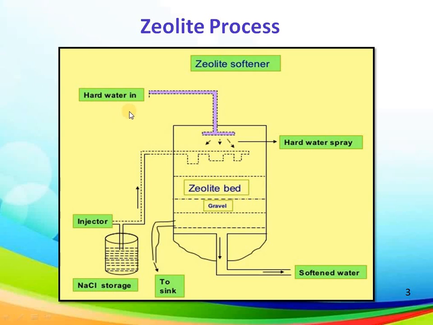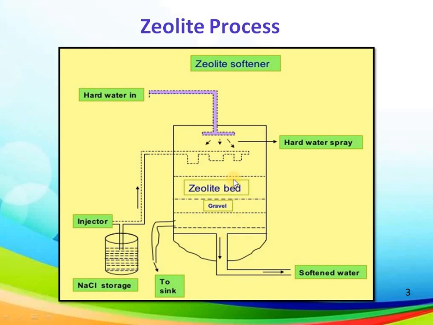The hard water enters through this inlet and passes onto the zeolite bed in sprinkle form. Since zeolite has a porous structure, it retains the temporary and permanent hardness, like calcium and magnesium ions, meaning they are easily trapped by the zeolite bed, and the outgoing water is free from hardness and only contains sodium salts.